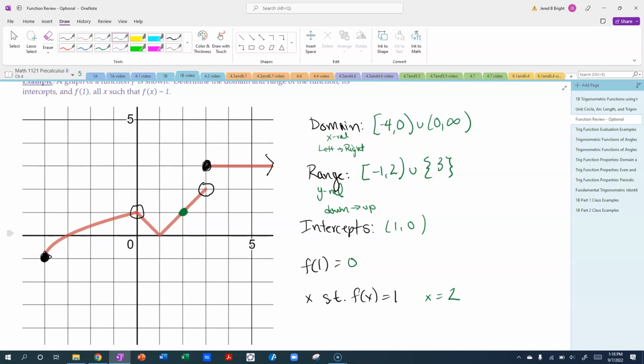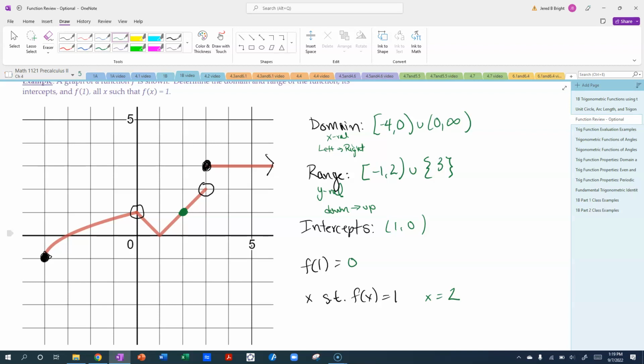Filled in dot supersedes a hole. Continue on up. 2, have a break, yep. And then why is 3 in squiggly brackets only? Because there's just a single value. If I'm looking at the vertical values, y, it's just 3. I don't have anything beyond 3 in either direction. So that's why you include 3 in curly braces.